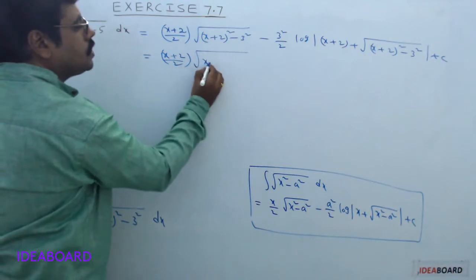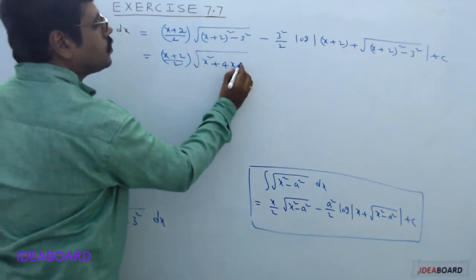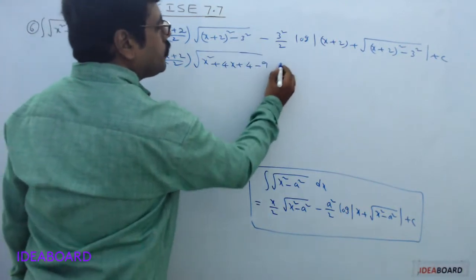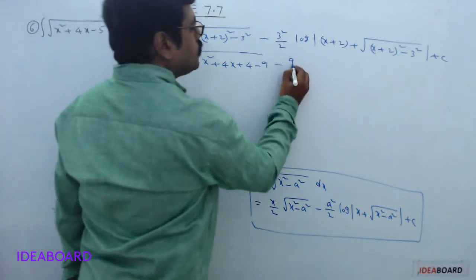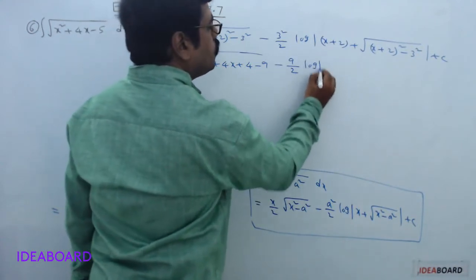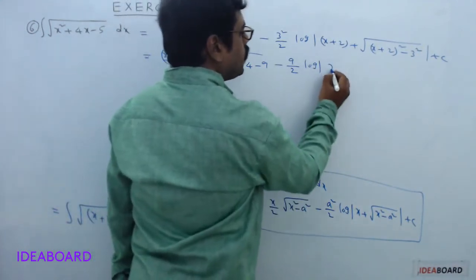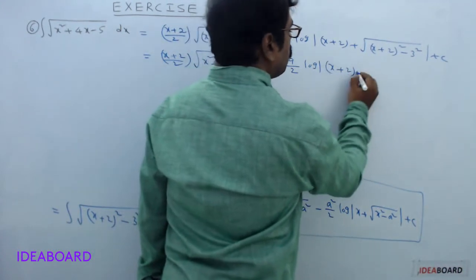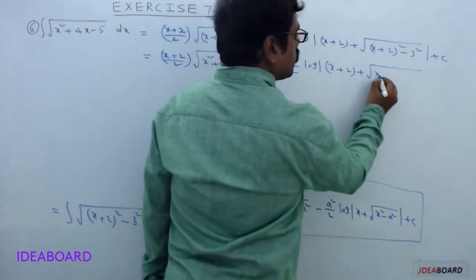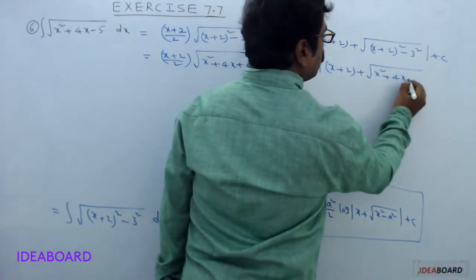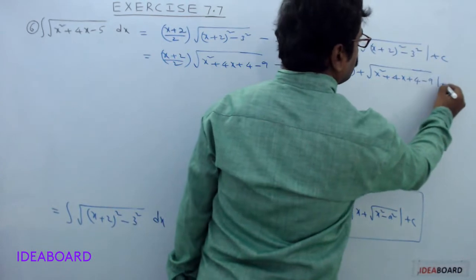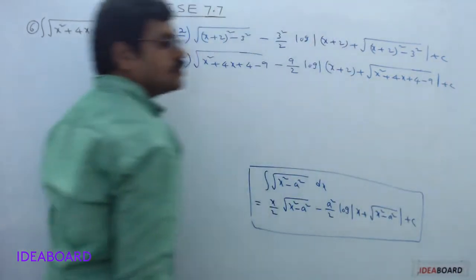It is x square plus 4x plus 4 minus 9 minus 3 square 9 divided by 2 into log mod of x plus 2 plus square root of, simplify this term, x square plus 4x plus 4. It is minus 9 plus a constant c.